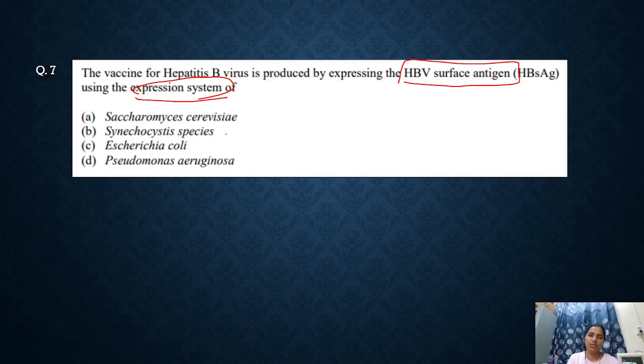So what are the options? First one is Saccharomyces cerevisiae, second is Synechocystis species, the third one is E. coli, and the fourth one is Pseudomonas. So the hepatitis B vaccine is produced in which expression system?